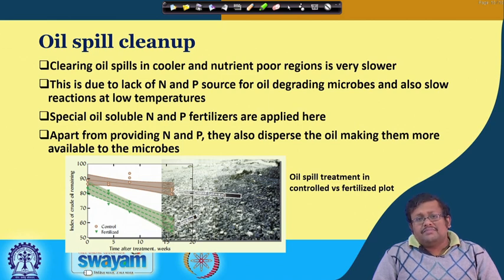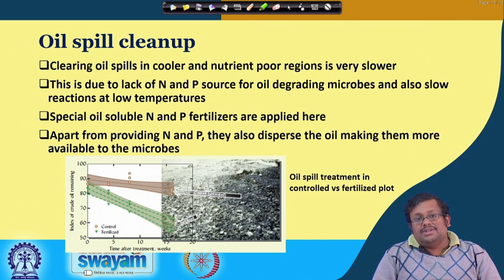Natural attenuation, basically, we do not enhance or modify the environment of indigenous microorganisms. However, in case of enhanced or engineered bioremediation, we modify the local ecosystem or environment of the microorganisms. We talked about two types of enhanced bioremediation.